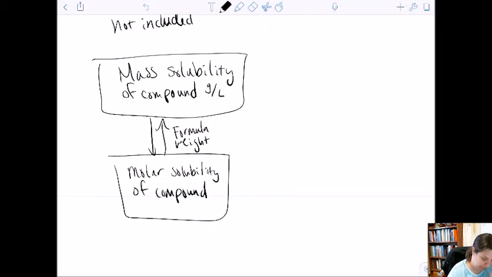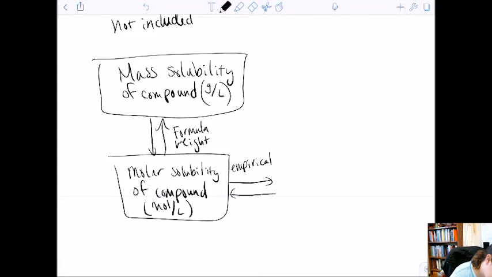This will be in moles per liter. We can also use our empirical formula to determine our molar concentration of ions.